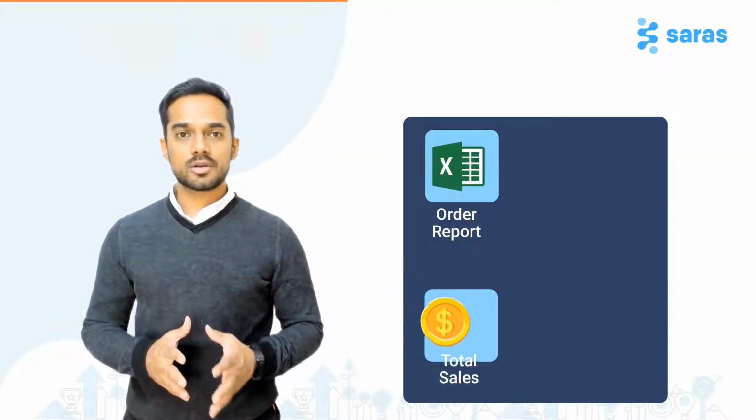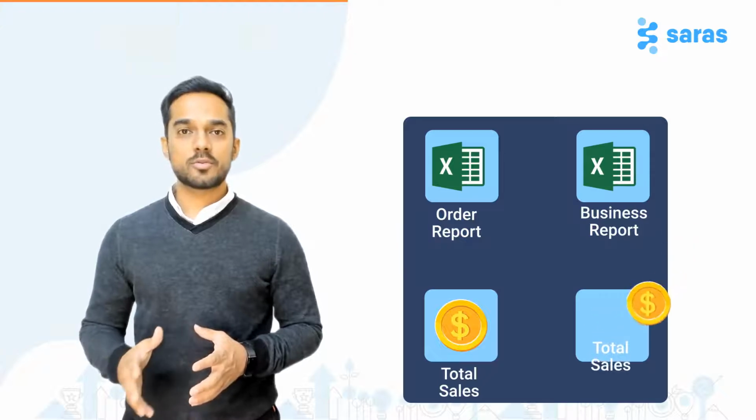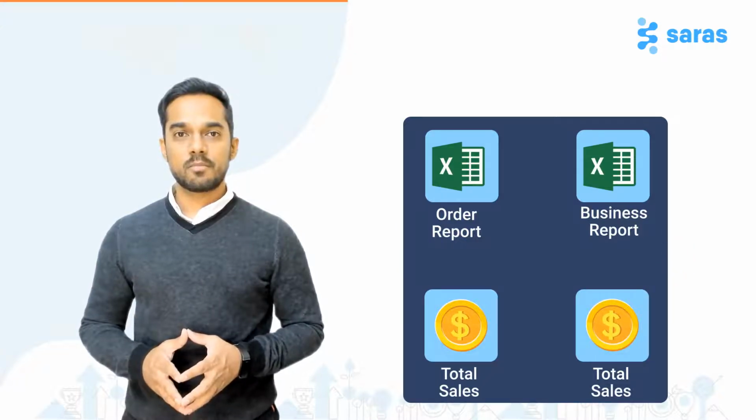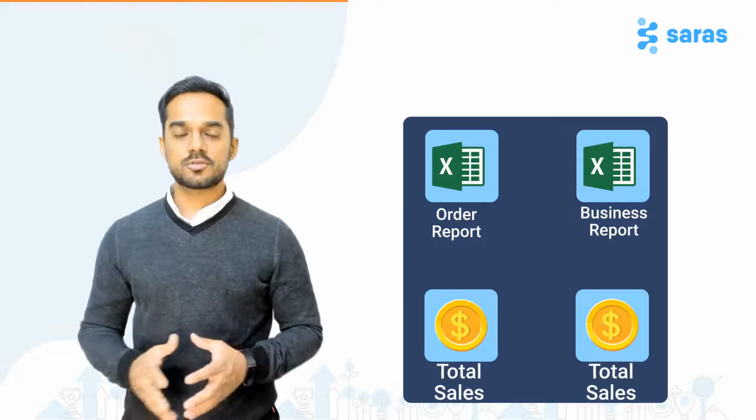For example, let's take total sales. Seems straightforward, right? You can obtain your total sales from orders report as well as from your business reports on Amazon. But the total sales across these two reports do not match with each other. And that could be because of your mix between B2C and B2B sales, or your FBA and FBM fulfillment channels.